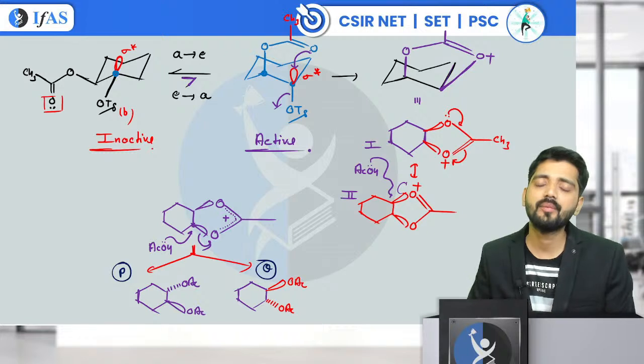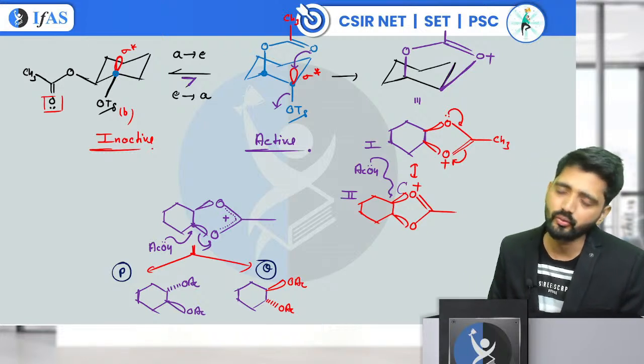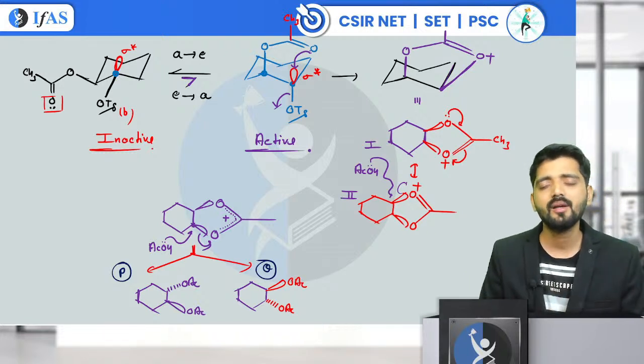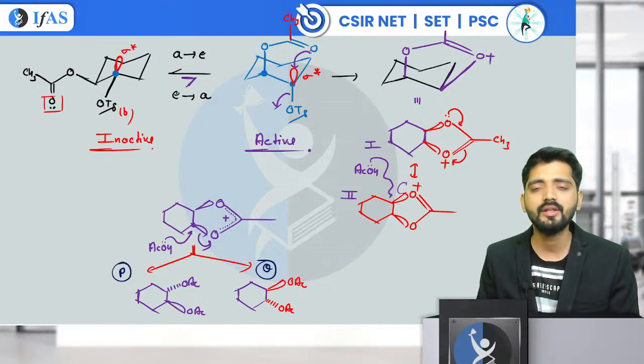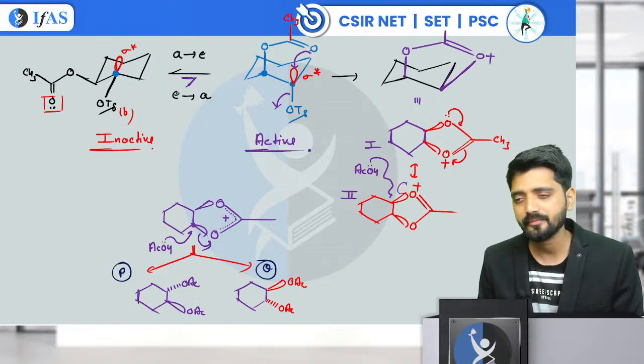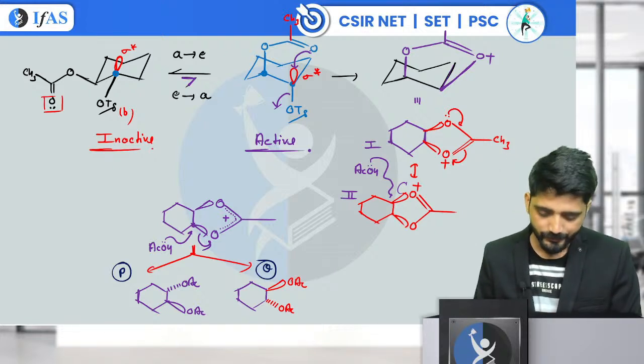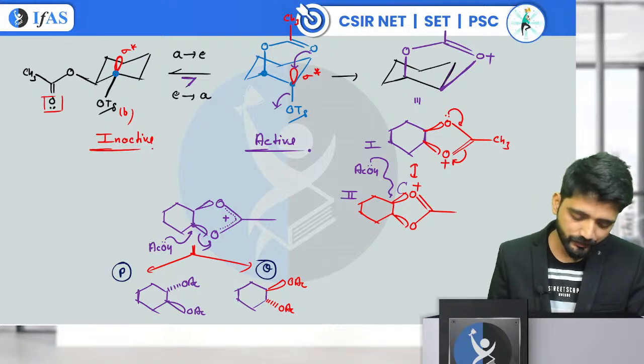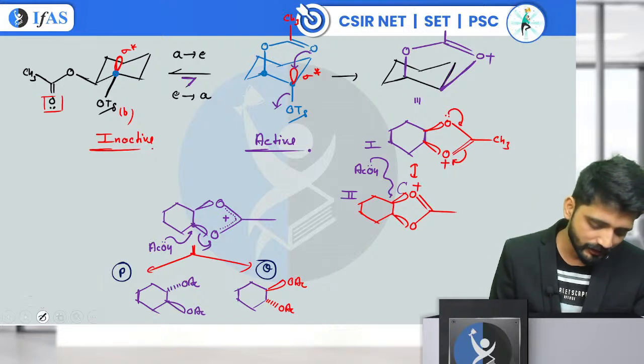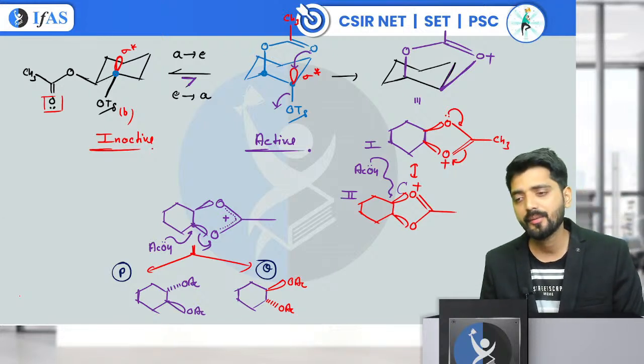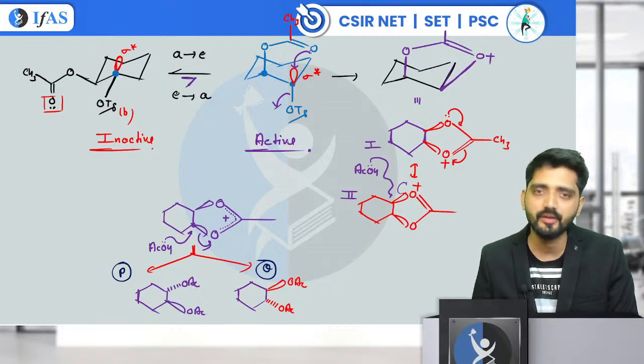But once we finish with case number 2, then only we will be able to do that. But for now, we have gone into a detailed version of this question. Yes. So what's the relationship between P and Q? This becomes a question of stereochemistry where you need to find the relationship between the products.